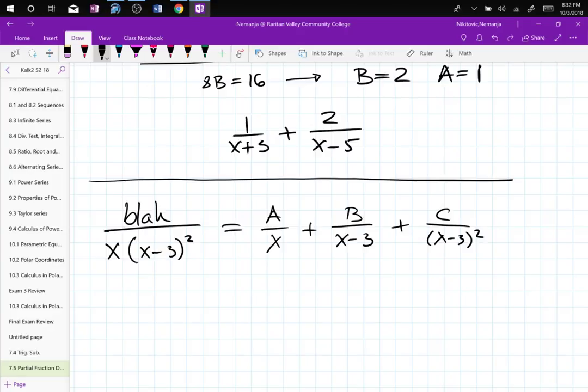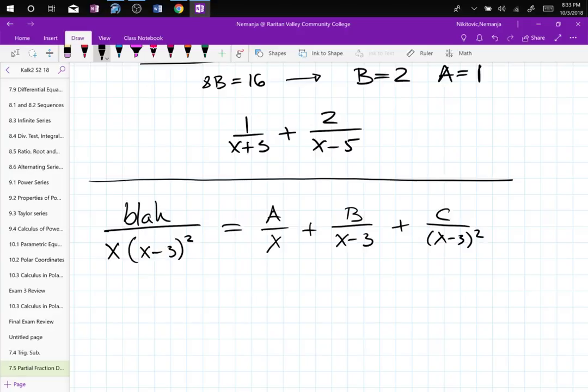So simply, TI-83, and you type into the matrix, and you click solve, and you get what A, B, C, D are. And it's very simple, right?